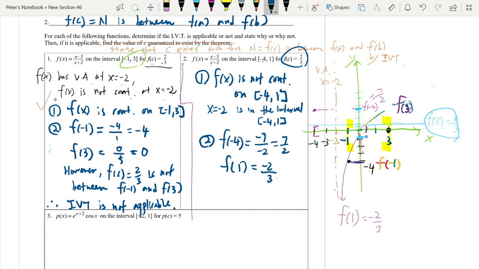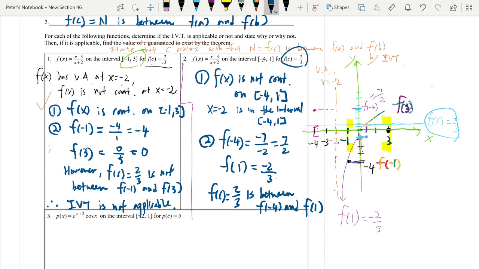So you're gonna say f of c, 2/3, is between f of -4 and f of 1.